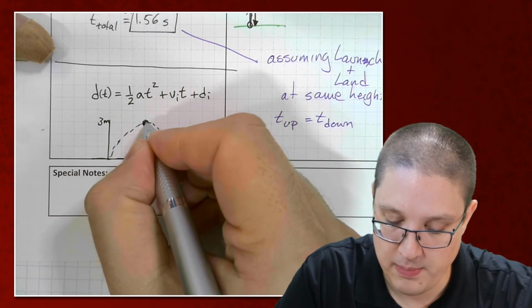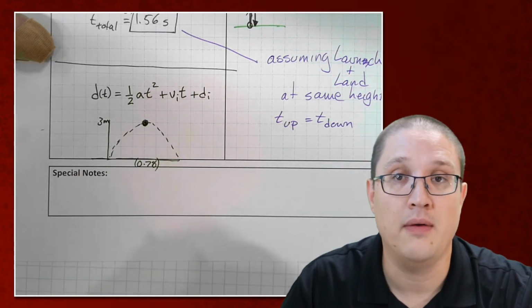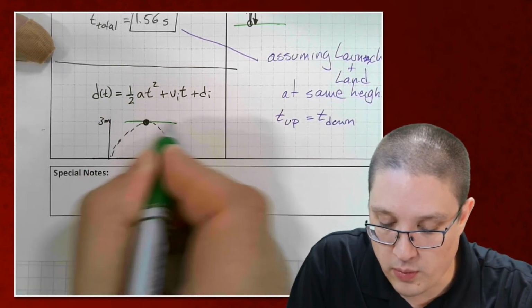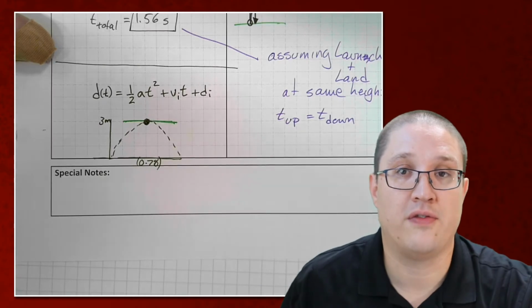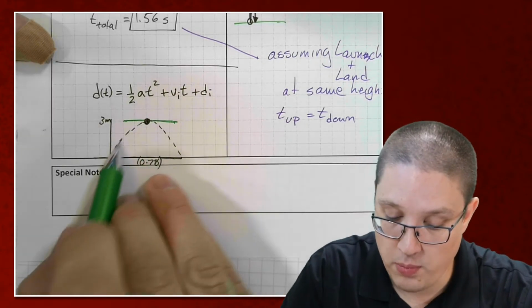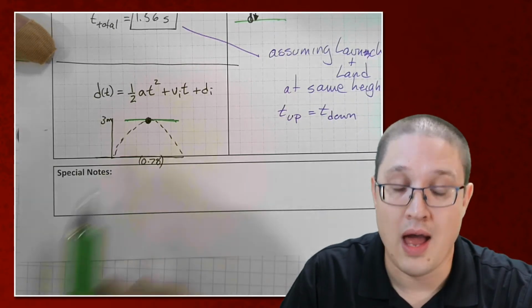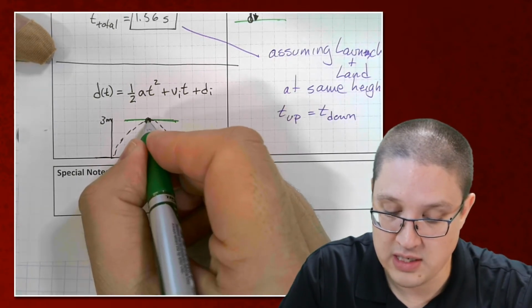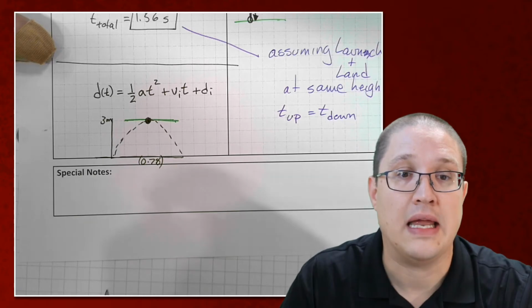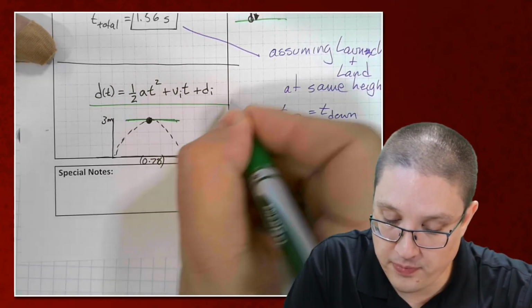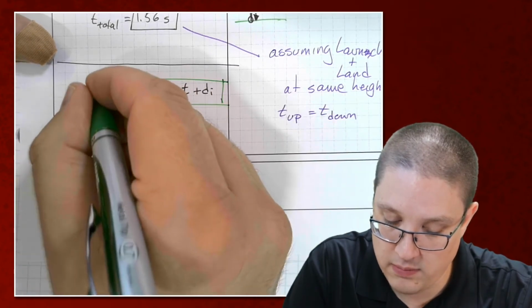So this here would be the vertex of my parabola, and if you notice, the slope right here is flat. So the slope of this parabola at the vertex is 0, and that means that my vertical velocity at the apex is 0. This quadratic here is one that's worth writing down.